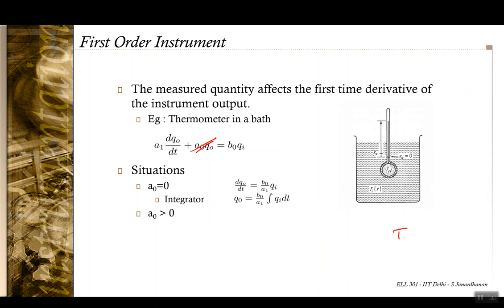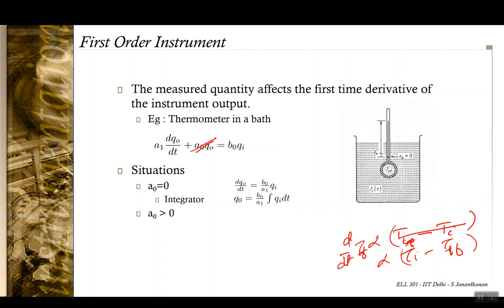That is, say if the thermometer's temperature is TF and the input temperature is TI, then d by dt of TF, the rate at which the thermometer heats up, is actually proportional to the difference between these two temperatures, or rather it should be Ti minus TF. Okay, then the proportionality will be a positive constant.